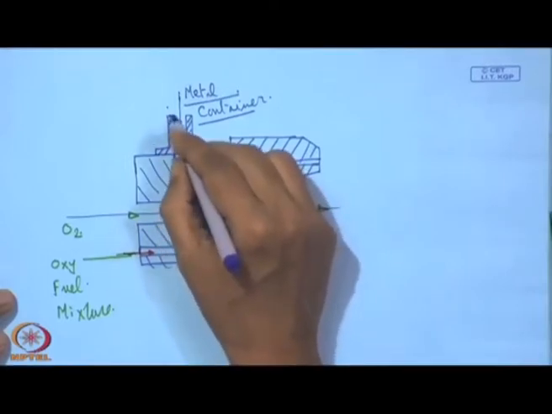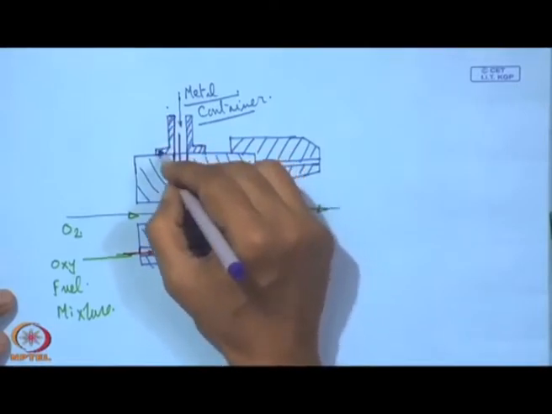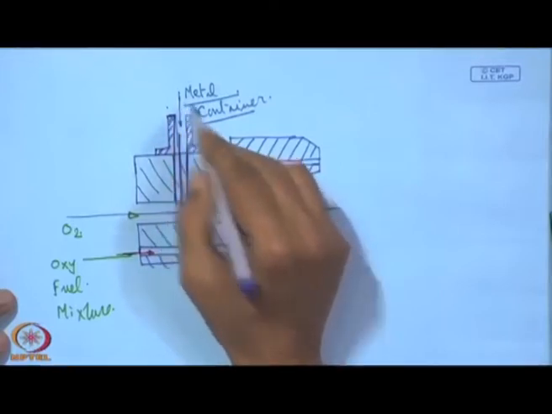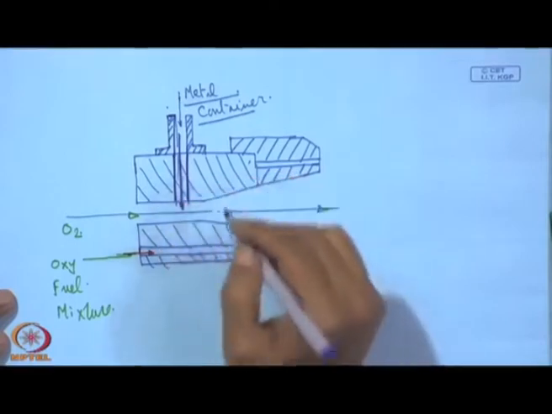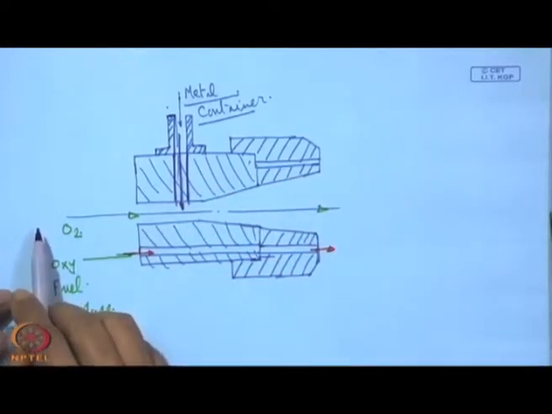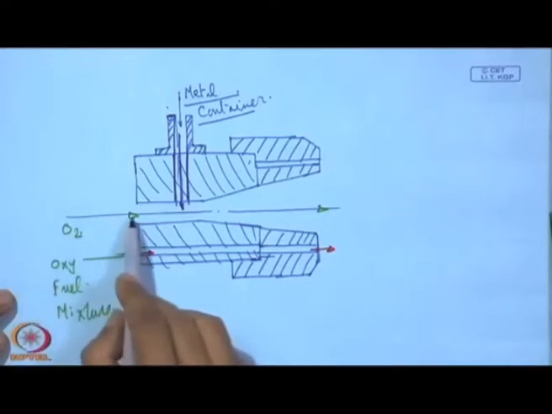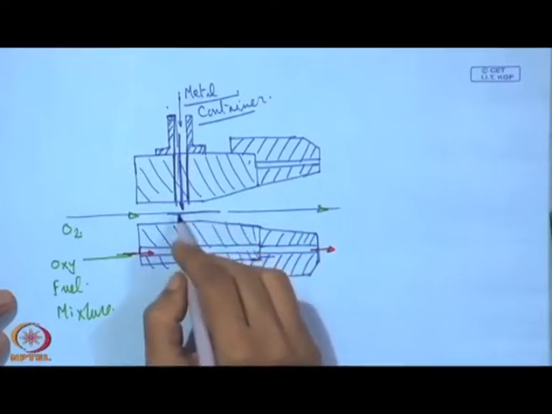This is actually the hole, and over that we have this connector, and on top of that we can put this metal container. This is actually an opening. So, what happens the moment oxygen is passed through this? With a high velocity there will be an aspiration effect.